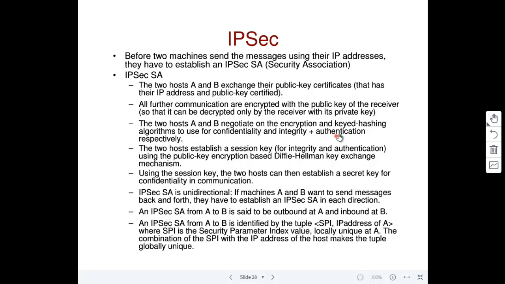Both sides have to agree on what algorithms to use for guaranteeing each of these features. And as I said, they can go through the Diffie-Hellman key exchange to establish a session key, and through that agree on a secret key. They have to go through all these things before they can really start sending any data.